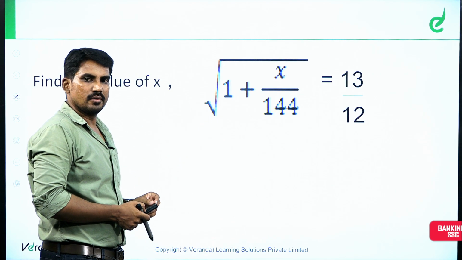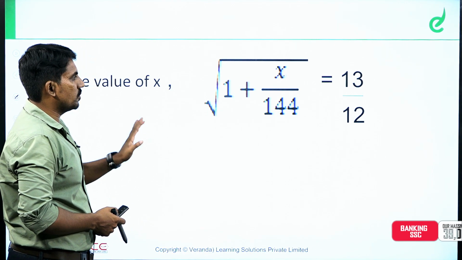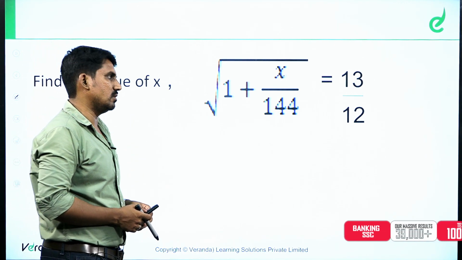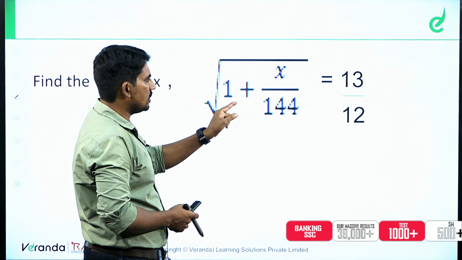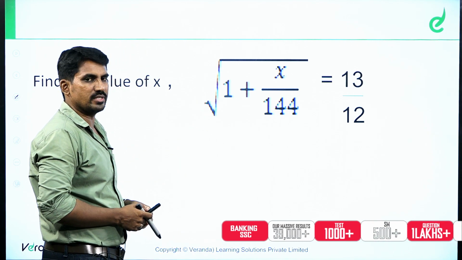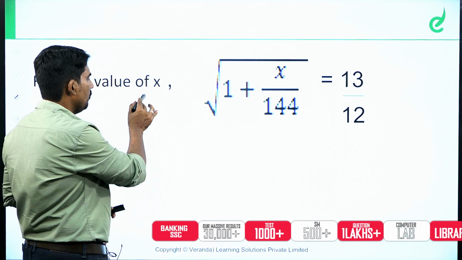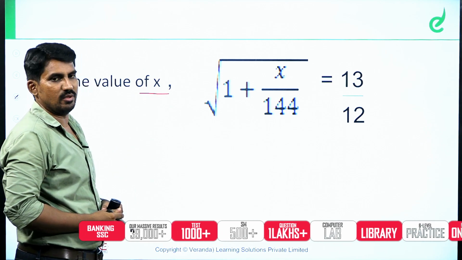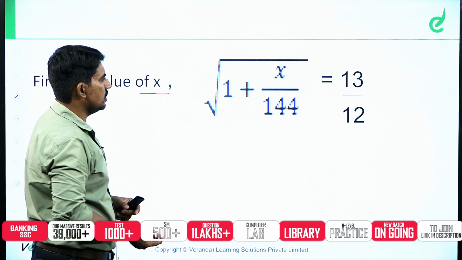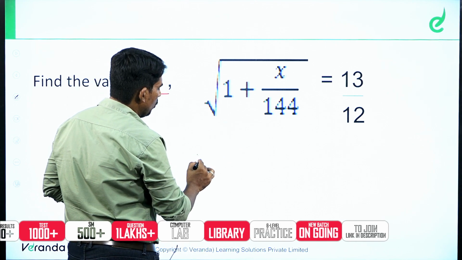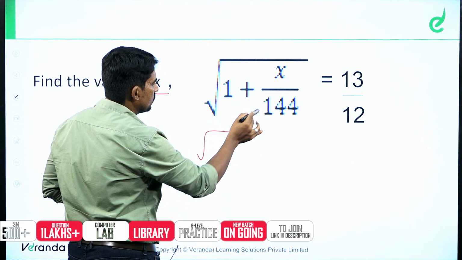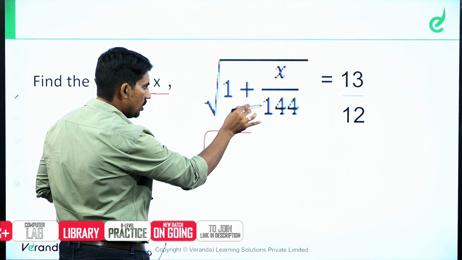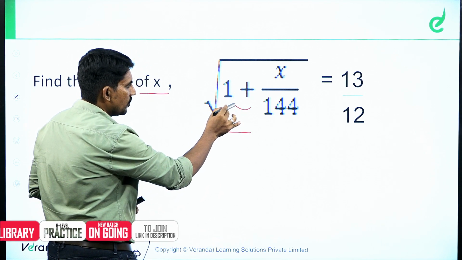Clear? Right. Now, how can we solve this question? Root of 1 plus x by 144 is equal to 13 by 12. Find the value of x. Solve this. Inside the root, we have 1 plus x by 144. Normally solve this plus.